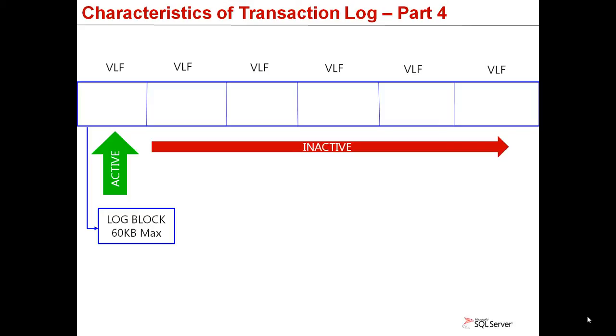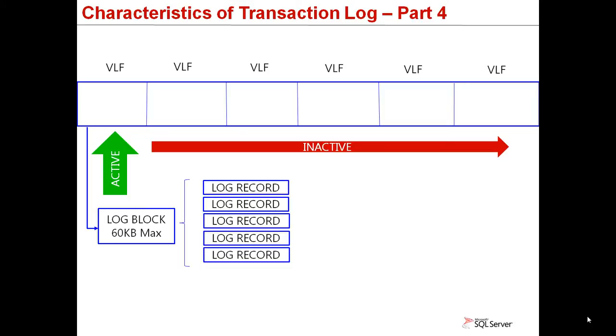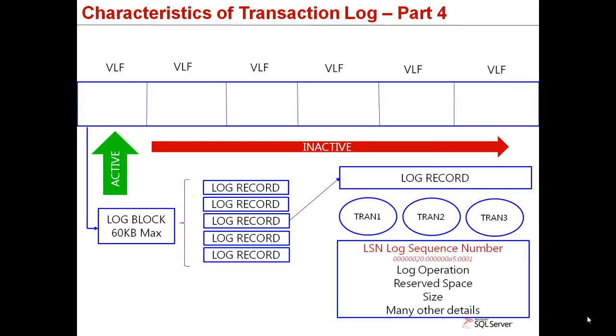So each virtual log file has log blocks inside it, and each log block has 60 KB max. And inside every log block we have the log records. And on every log record we have the actual data changes that happen during the transactions. Notice that a single log record can hold changes from different transactions at the same time, as each one of them is unique.